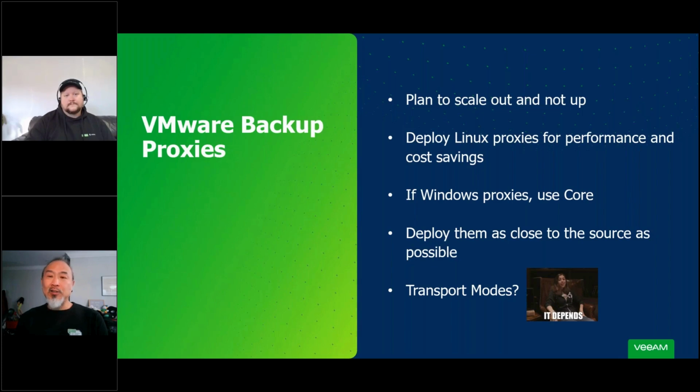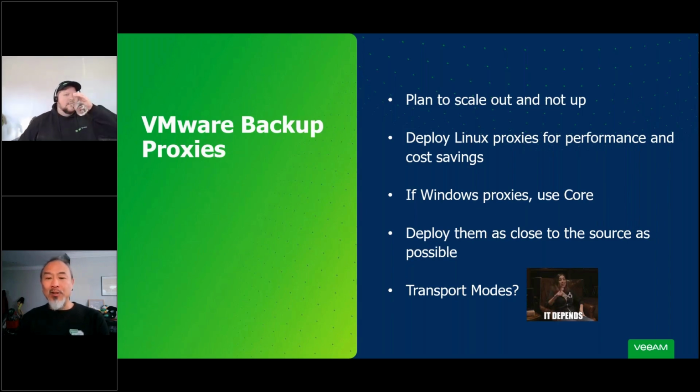And in that case, using the Windows Core operating system is good because it doesn't require a license. So Linux versus Windows is going to be an ongoing discussion about which one is better for your environment, and that's something that you'll have to take into consideration when you're designing this architecture.